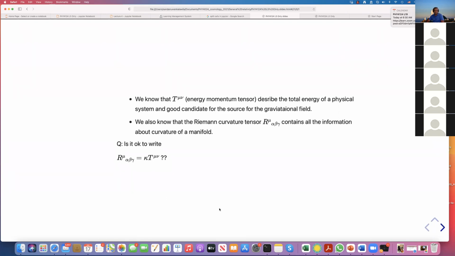Just once you write this tensor equation, I just want to check with you whether this makes sense or whether this is right or wrong to write it in this way. Now, how about the rank of the tensors in the two sides?